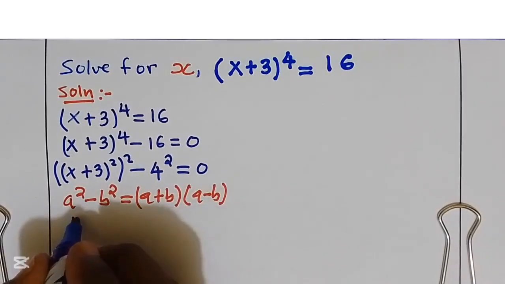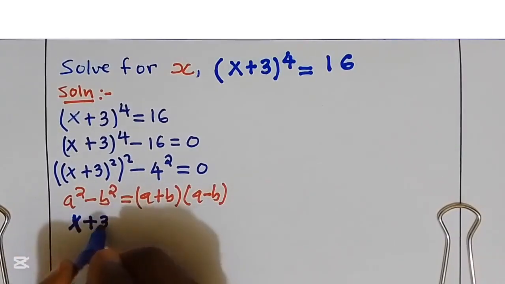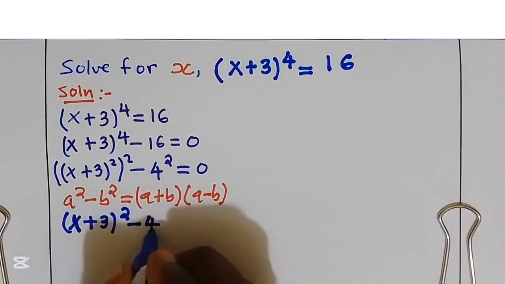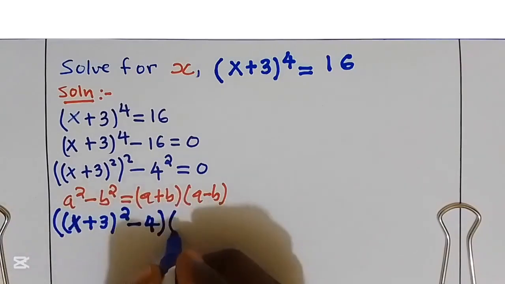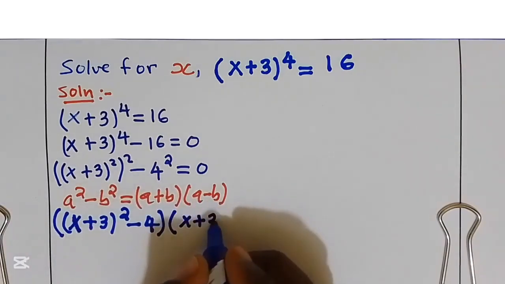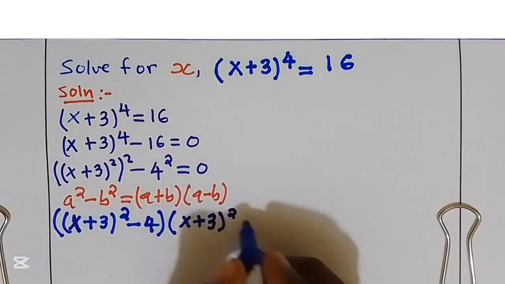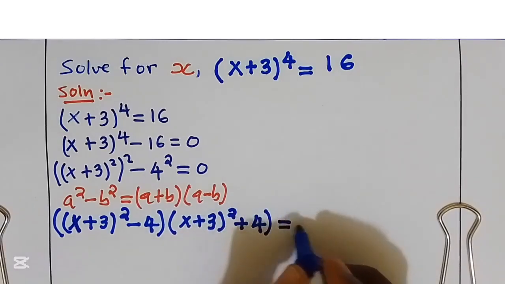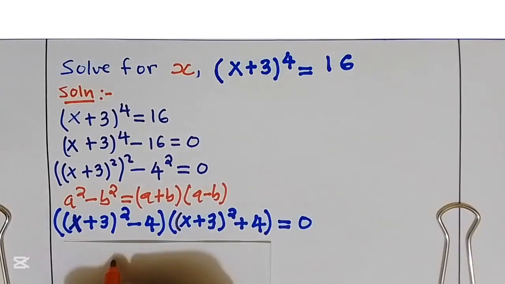For that case, ((x + 3)^2 - 4)((x + 3)^2 + 4) equal to 0. This is the form of a multiplied by b is equal to 0. So a is equal to 0 and b is equal to 0.